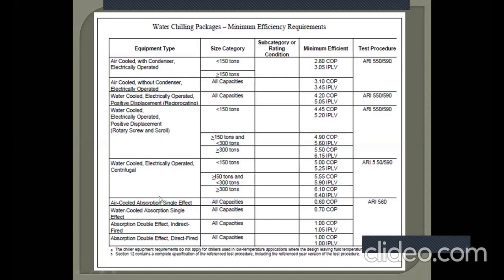Compared to the absorption chiller, as the absorption chillers are shown here, I will just brief you about the COP. For absorption chillers you can have a COP of 0.6 to 0.7, and for the double effect absorption chiller it goes to 1 at most. So this is a low COP for absorption.